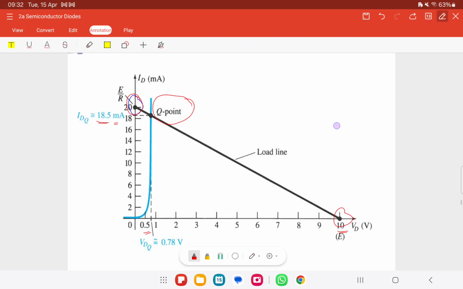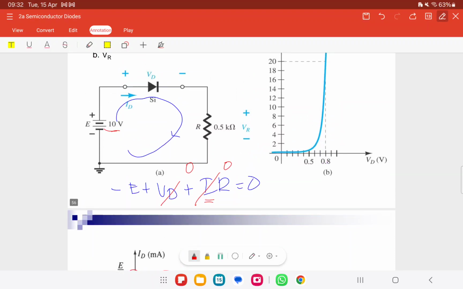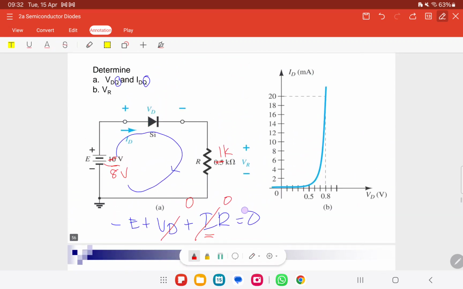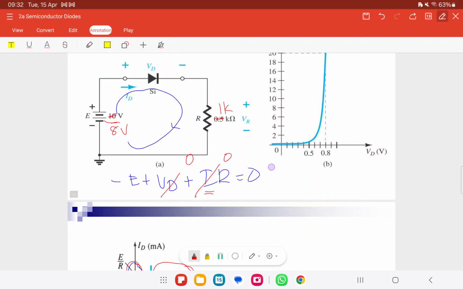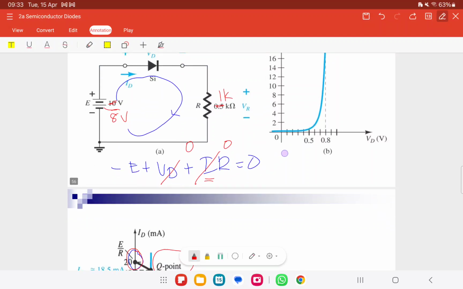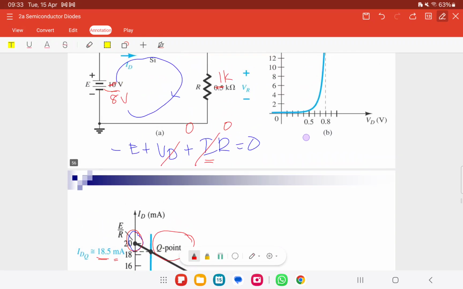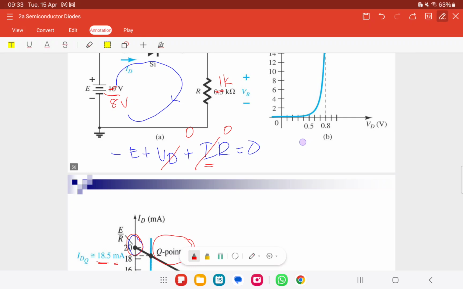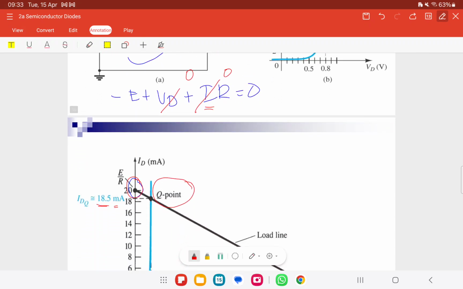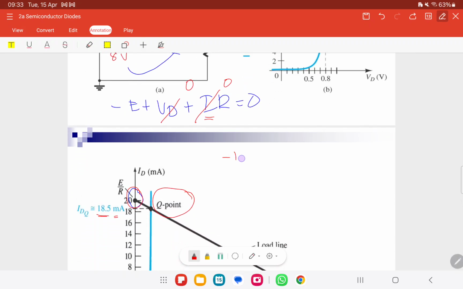What else? Okay, cuba kita tukar the value. If we change kat sini jadi 1K, kat sini kita jadikan 8 volt, get me the new IDQ and VDQ. Sama je dengan yang ni, tapi the Q point might be berbeza lah. Okay, minus E plus VD plus IR equals to 0.